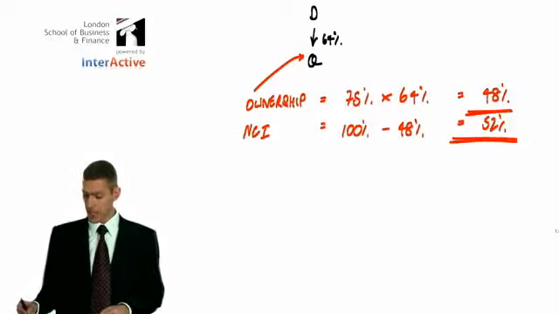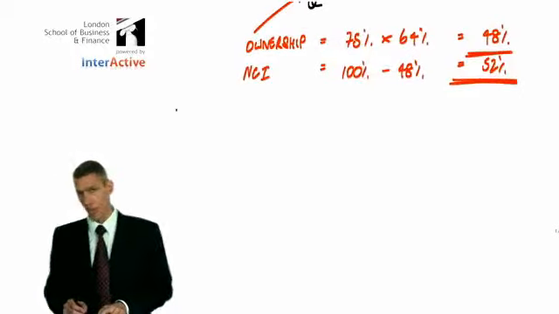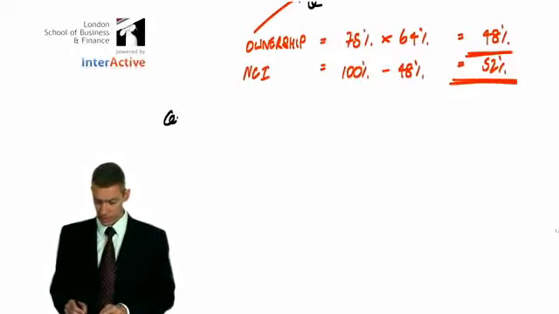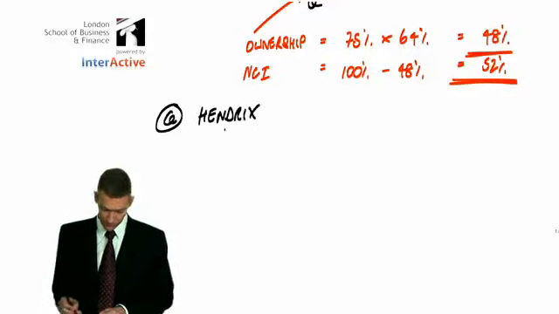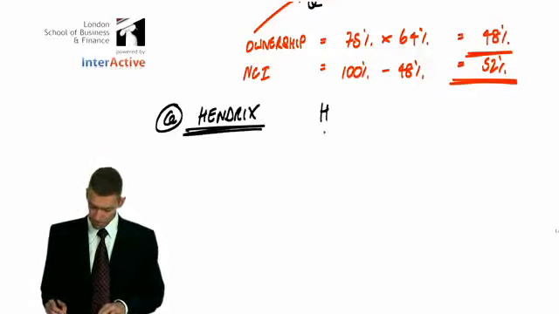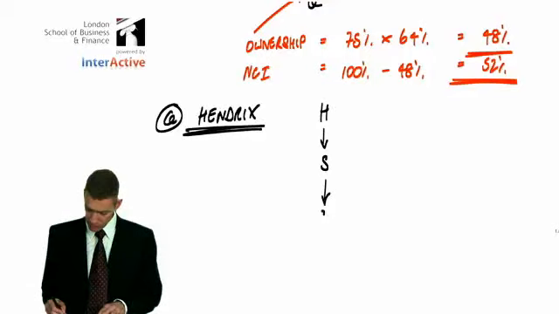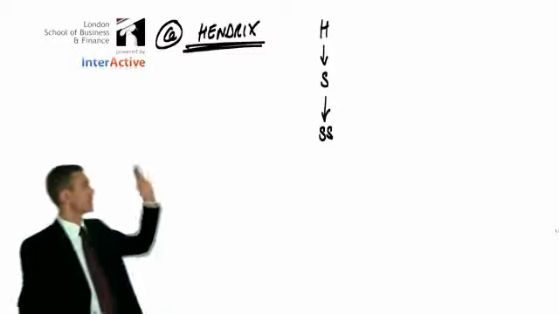Now, personally, I tend not to bother with a group structure unless the group structure becomes complicated. I would argue, in the case of Hendrix, that this is a complex group structure, and therefore would suggest to you that it is worth writing out that little baby structure that you see just there.